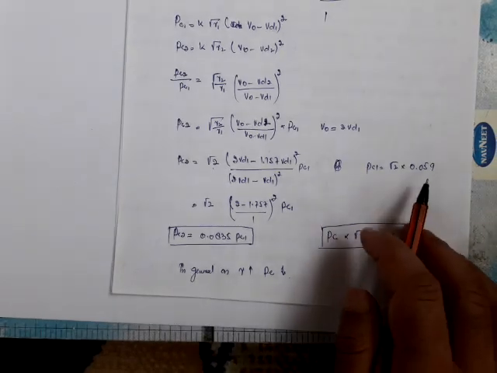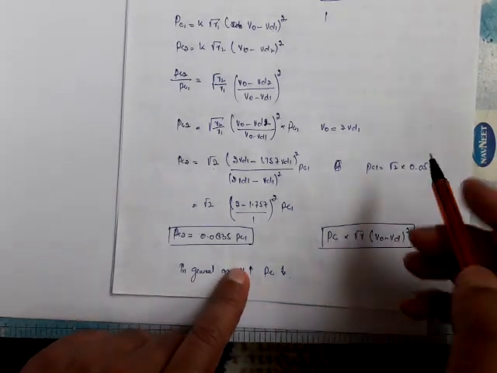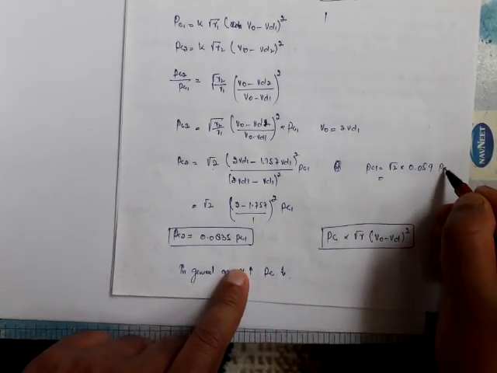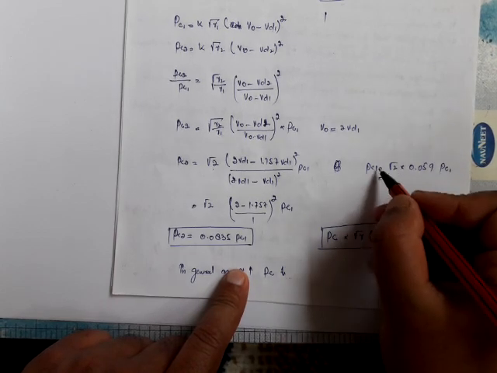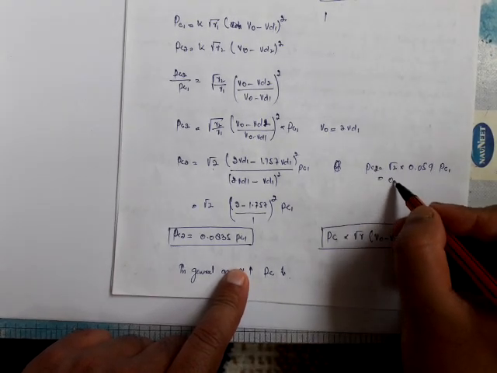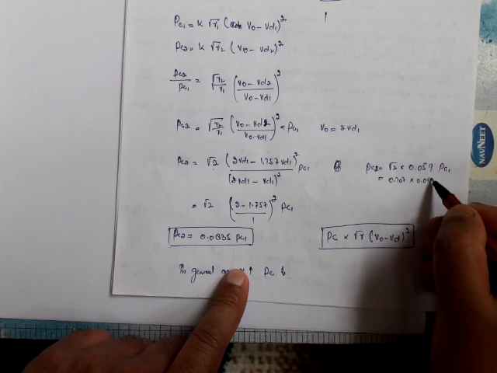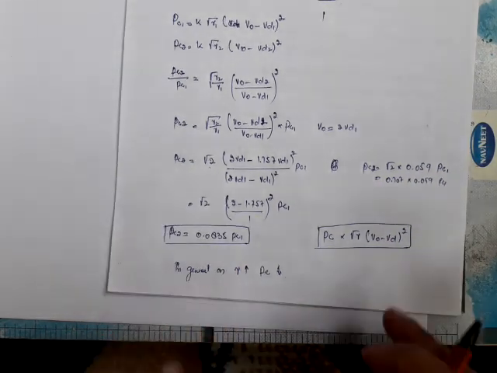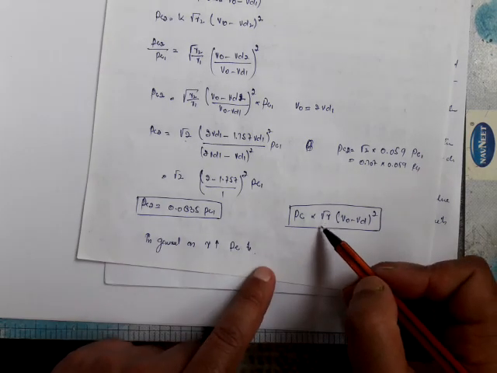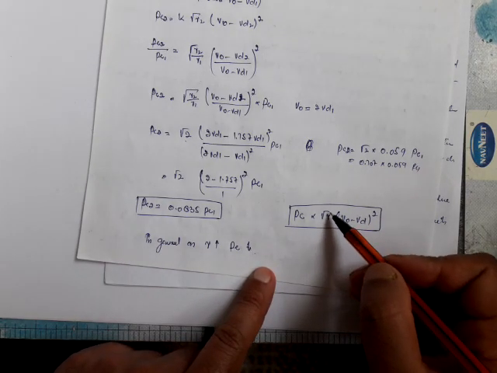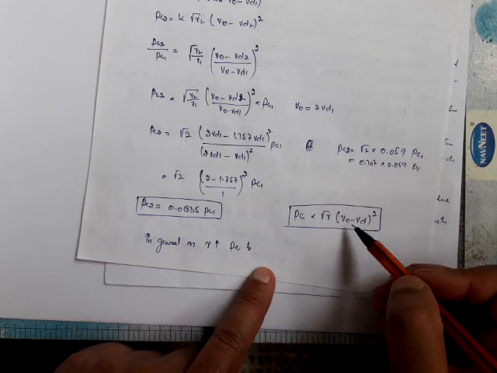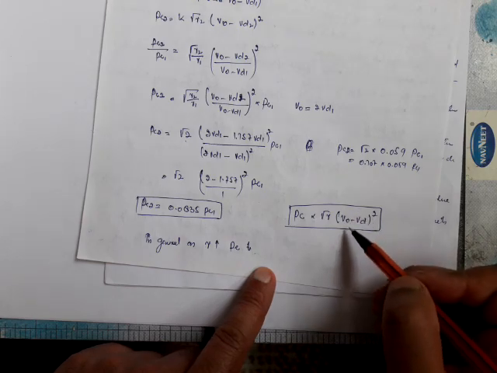You can see that this is a very high decrease. So Pc2 is equal to 0.707 into 0.059 Pc1. What I mean to say in this case is that the increase due to this R is very small as compared to the decrease from this term. So the dominant term will be this.